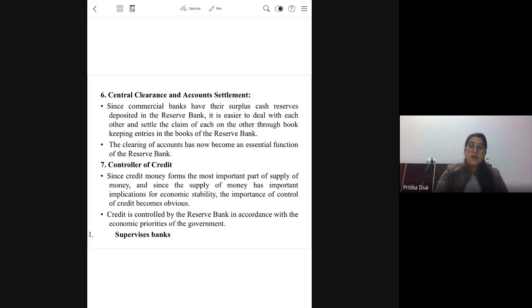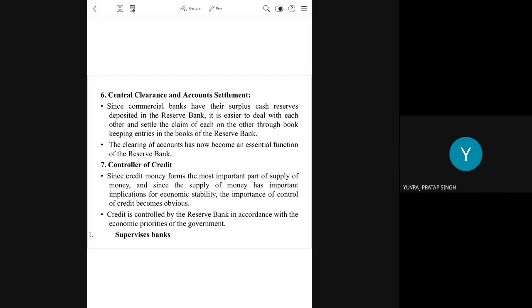Yes, who will explain what reverse repo is? Yes, Ayushi. Ayushi, what is reverse repo rate? Yes, Yuvraj, you wanted to answer this? The rate at which RBI borrows money from the commercial banks.